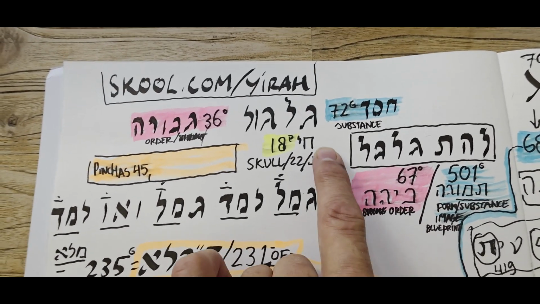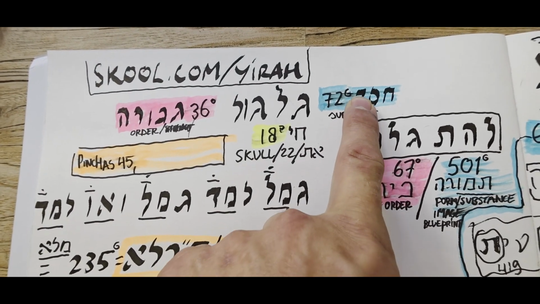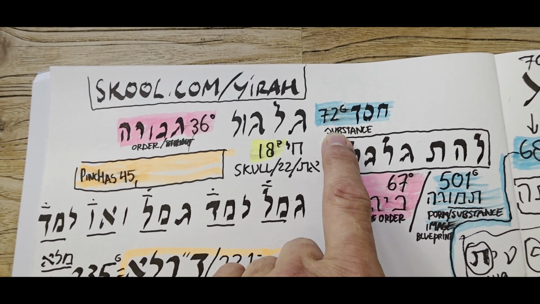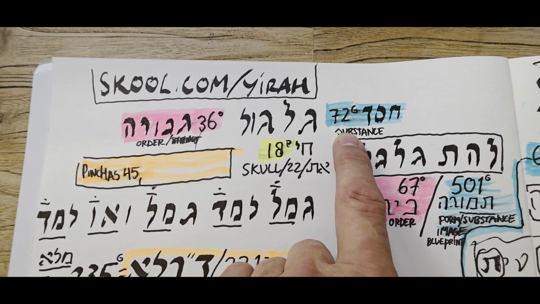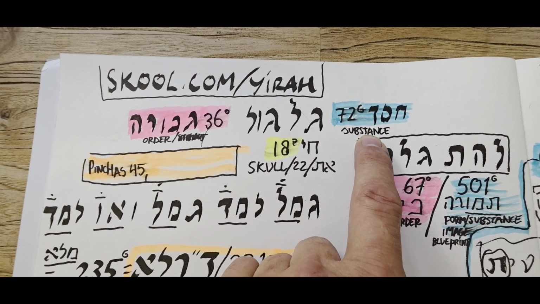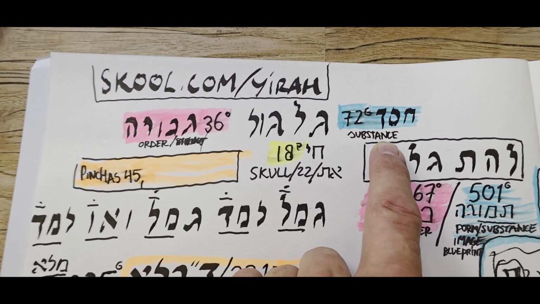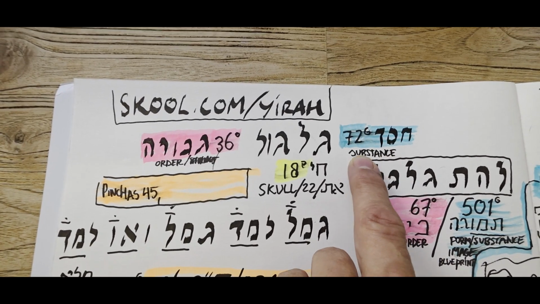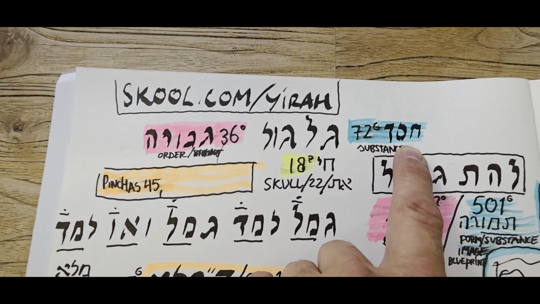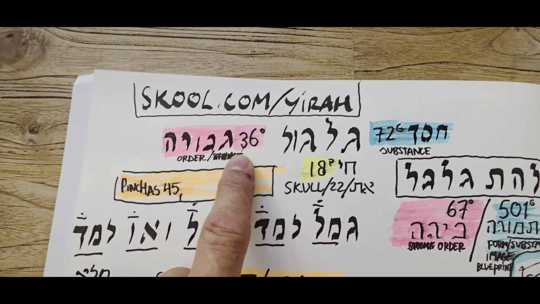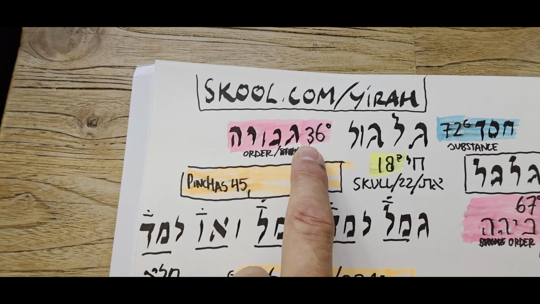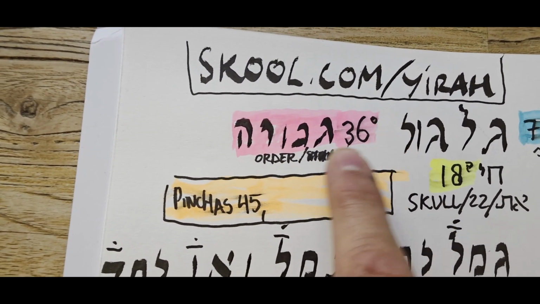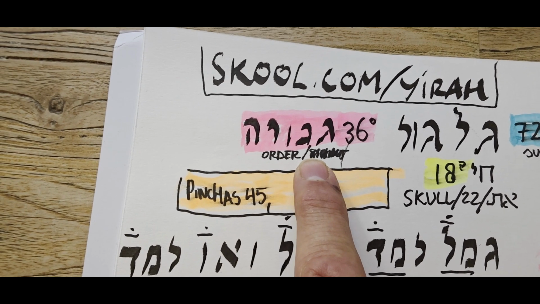So the value thereof is 72 in Gematria, which is equal to Chesed, which could be taken as an act of Rachamim, right? But substance, right? Chesed is always often compared to water, for example. And then the ordinal is Gevura, 36, which is an ordinal number pointing at order, right?